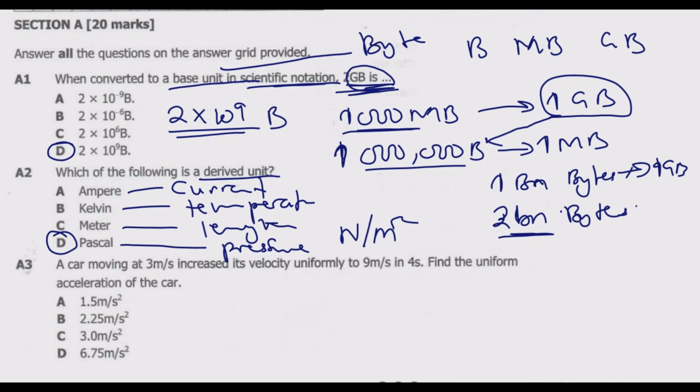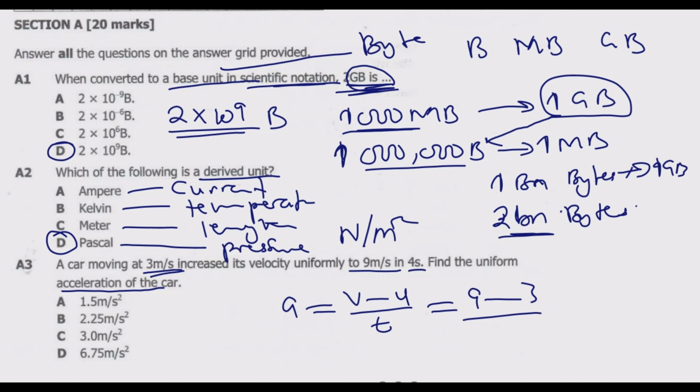So the question is asking us to find the uniform acceleration of the car. Then we've been given the initial velocity, then final velocity and the time. And you know that acceleration is given by final velocity minus initial velocity divided by change in time. So the final velocity is 9 meters per second minus initial velocity, which is 3 meters per second, over change in time, which is 4 seconds.